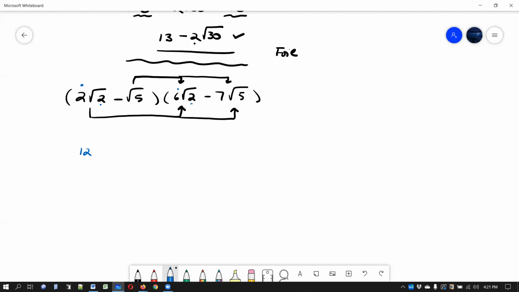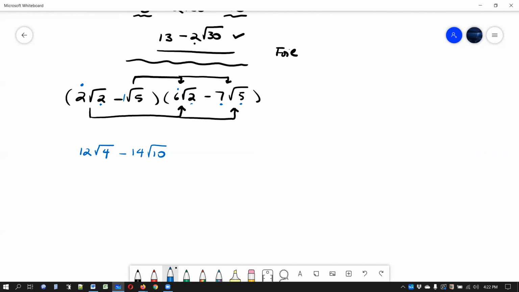This number multiplies that because they're inside of the radical. Okay. Second multiplication, the 2 and the minus 7. Radical 2, radical 5, radical 10. There's an invisible 1 here.